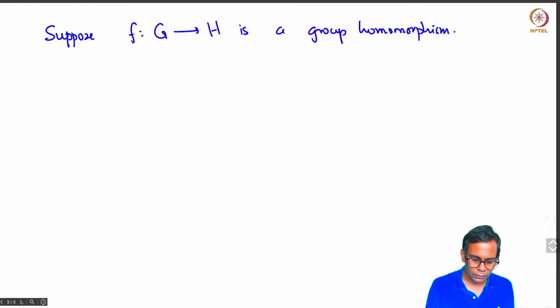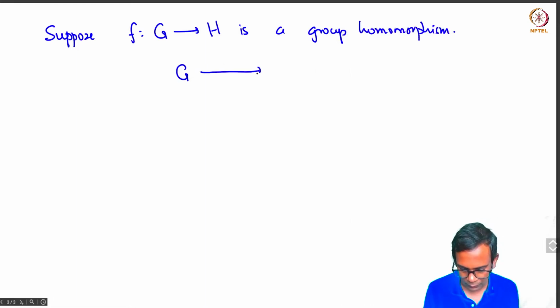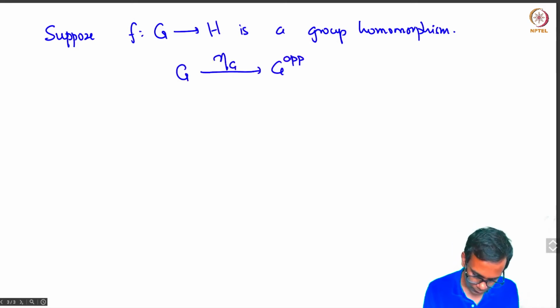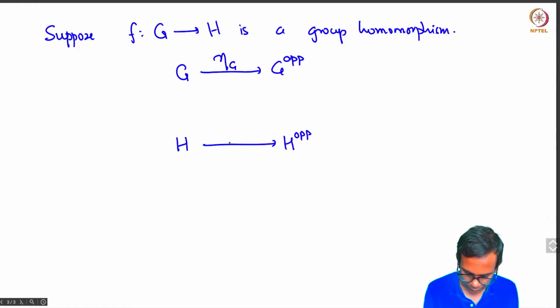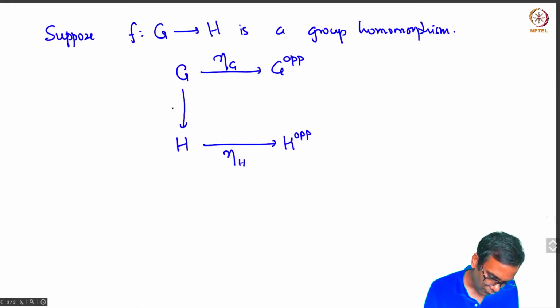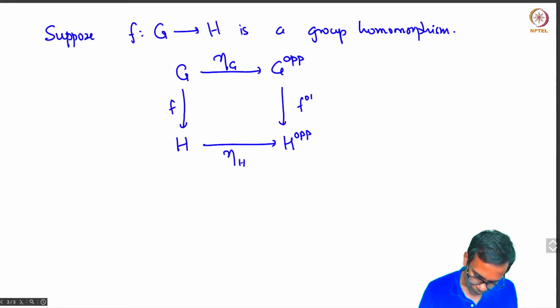Then you can draw this diagram here. You have G to G op, and you have eta G. You have H to H op, and you have eta H. From G to H you have F, and from G op to H op you have F op.